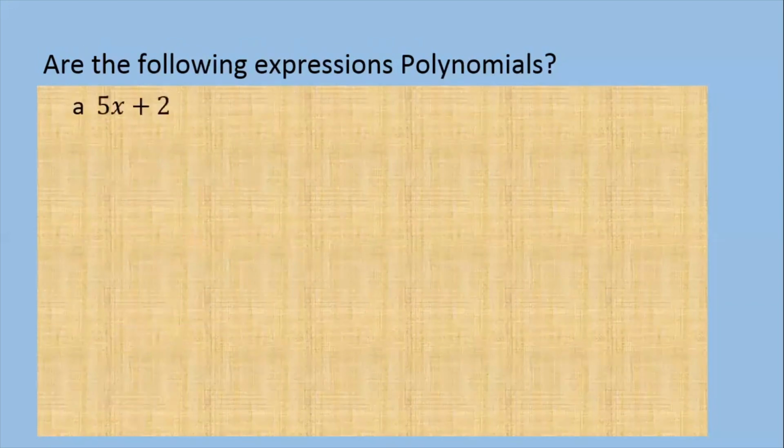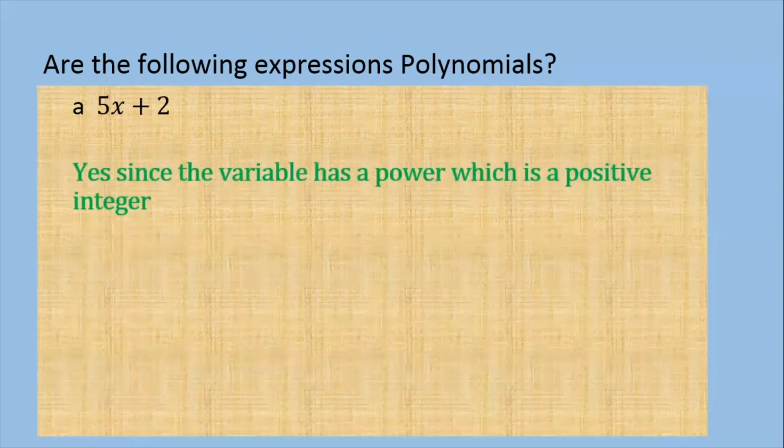Now, part A, 5x plus 2, is it a polynomial? Yes, it is. Why? Because the power of the variable is 1, and 1 is a positive integer. Now, look at part B. 2x power minus 2 plus 3x minus 7. Is this one a polynomial?